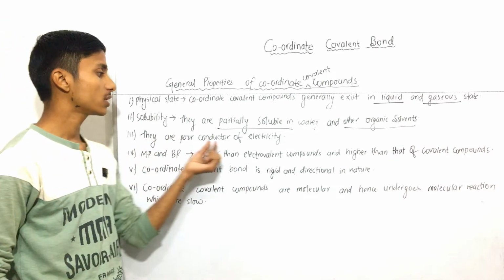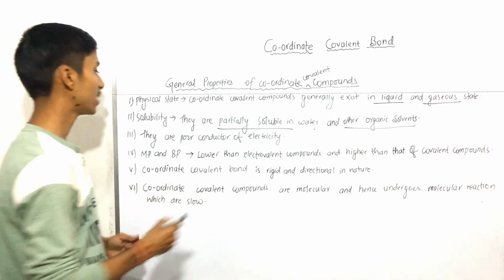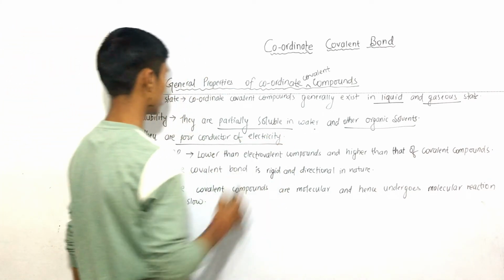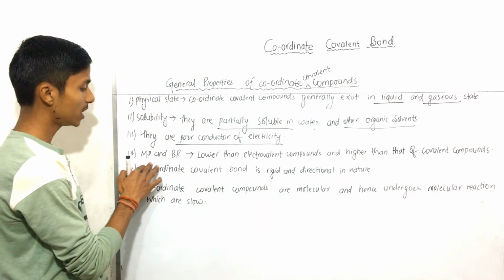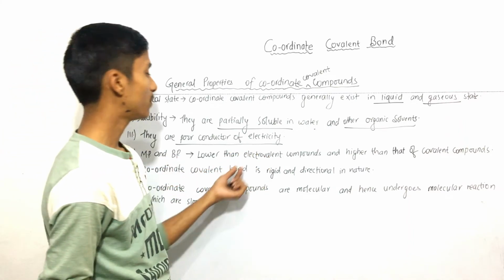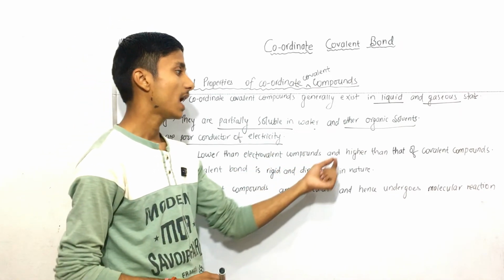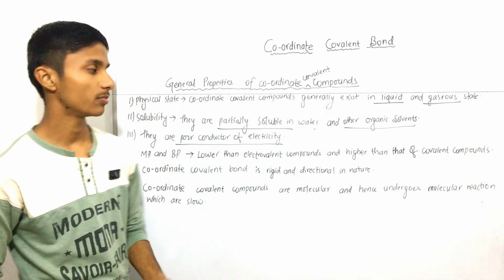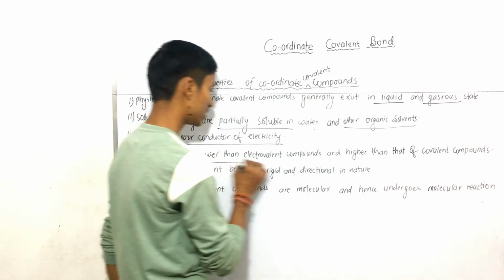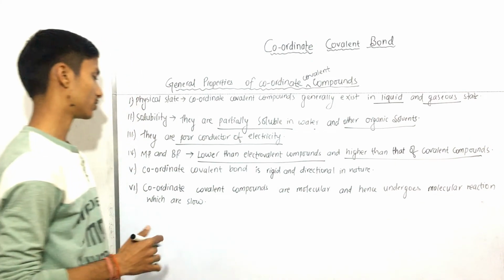They are poor conductors of electricity. Fourth, melting and boiling point. The melting and boiling points of coordinate covalent compounds are lower than those of electrovalent compounds and higher than those of covalent compounds.